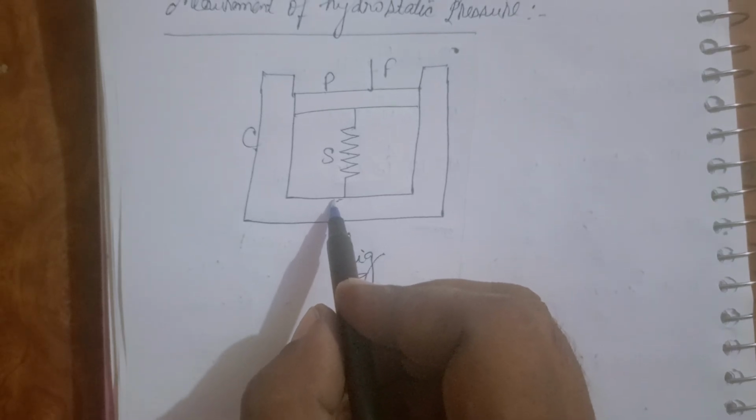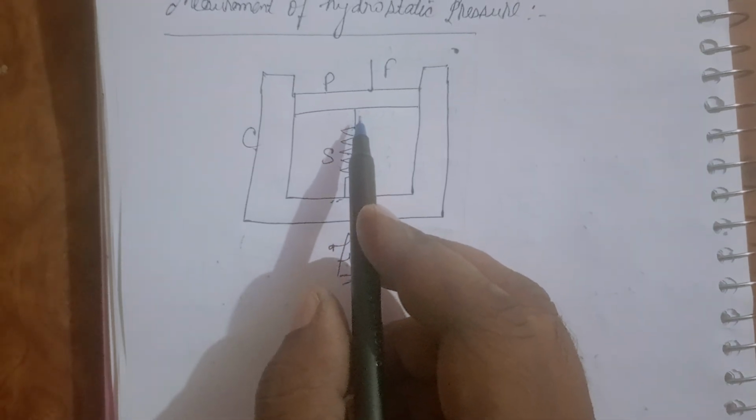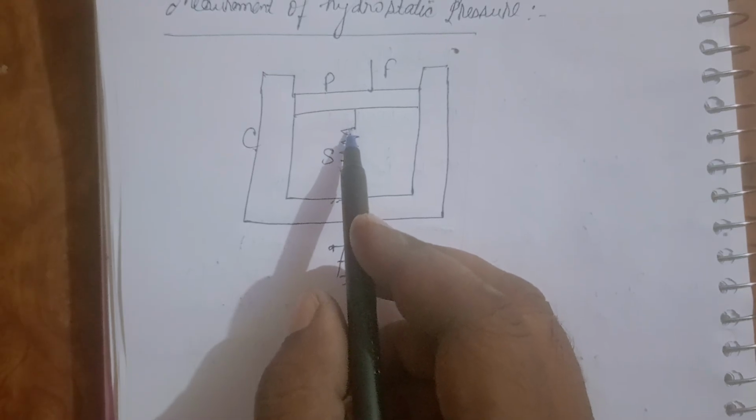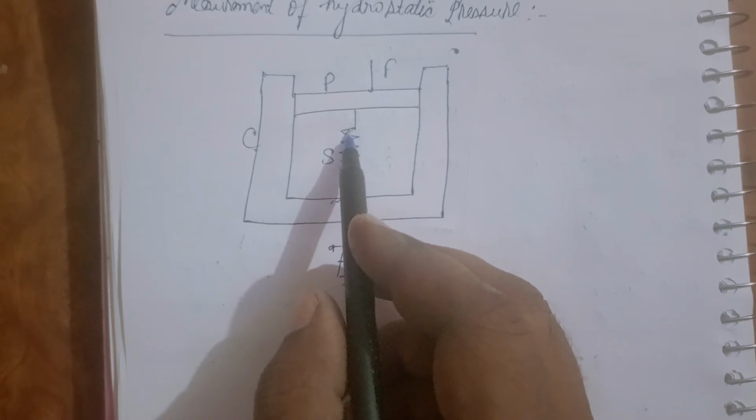A restoring force comes into play in the spring which will try to take the piston back. In equilibrium, the inward force F on the piston due to the liquid becomes equal to the outward spring force, which is equal to Kx, where x is the compression of the spring and K is the spring constant of the spring.